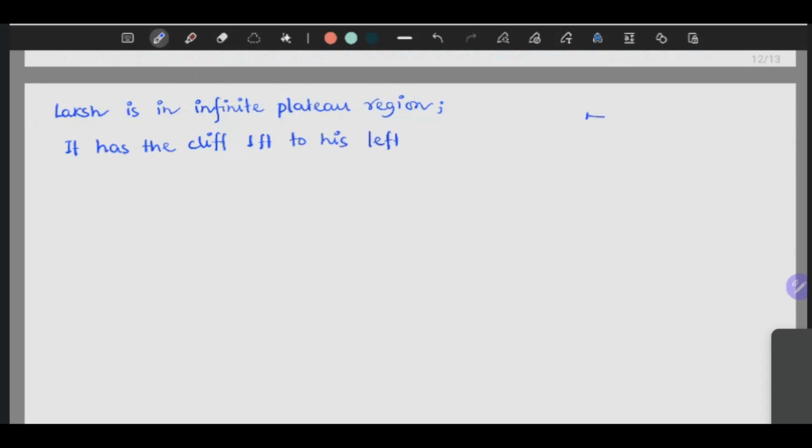So let's say this continues and it starts from 1 and this is 0. So he can fall into this.